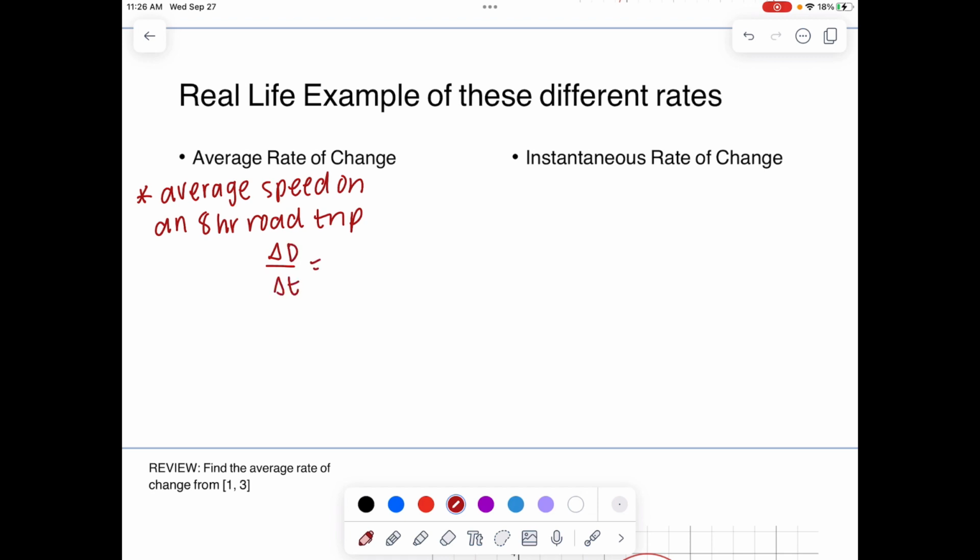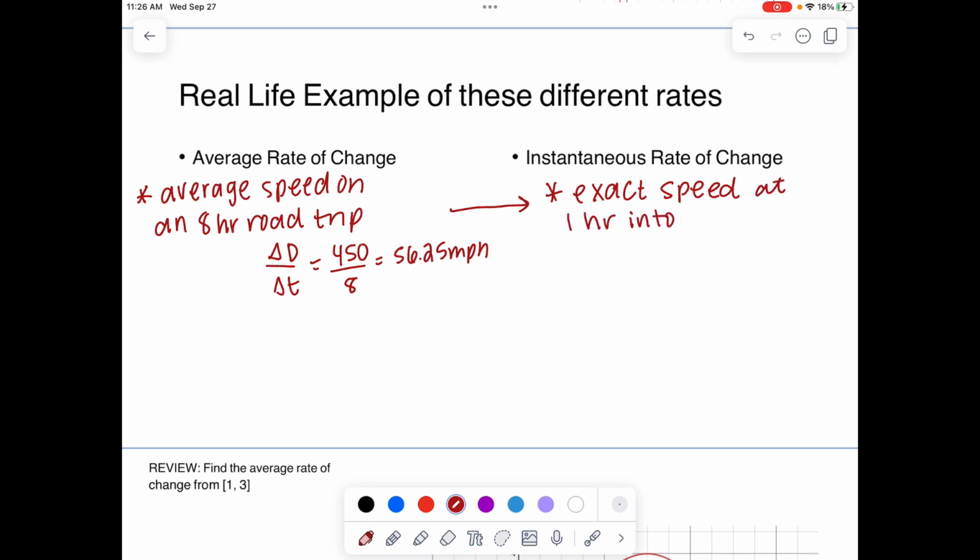For example, 450 miles over 8 hours, your average miles per hour would be 56.25 miles per hour. That is an example of an average rate of change. On the other end, with the instantaneous rate of change, that would be your exact speed at exactly 1 hour into your trip. So it would be an exact speed at an exact time.